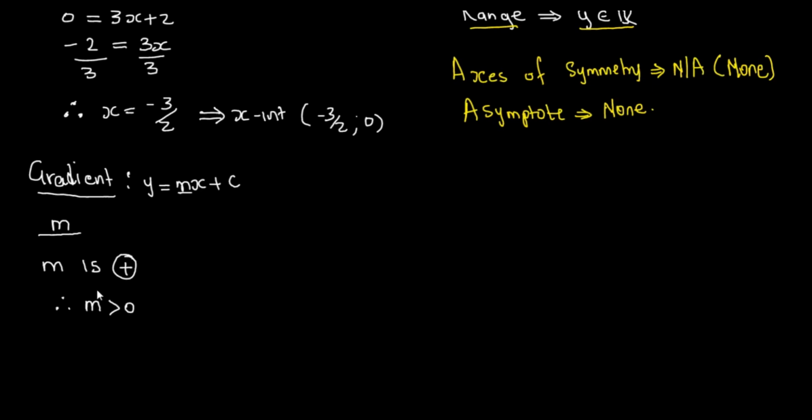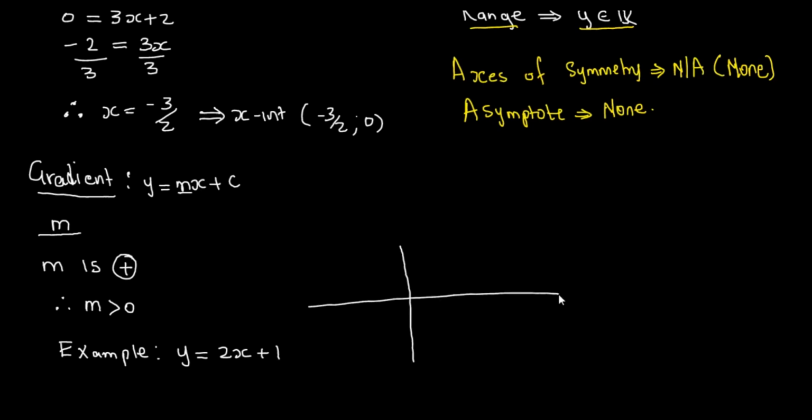An example that I can give you is an equation that looks like this: y equals 2x plus 1. Look at the 2. The 2 is positive, and how will the graph look? I'm just going to do a rough sketch. So your graph will look like this.